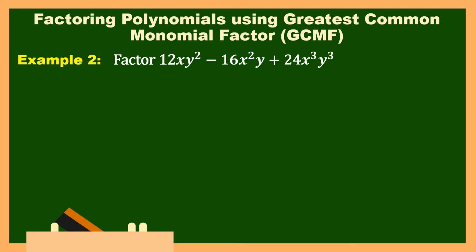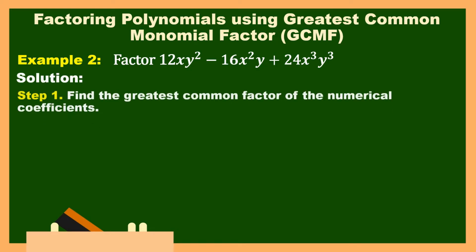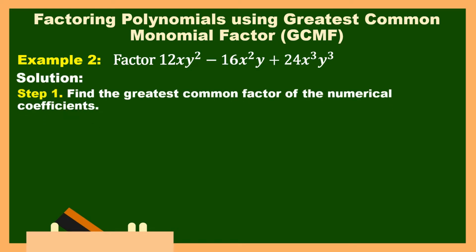So, ang ating solution for the step 1, we need to find the greatest common factor of the numerical coefficient. So, dito sa ating given na polynomial expressions, ang ating numerical coefficients ay 12, 16, and 24. Ang 12, meron siyang factors na 1, 2, 3, 4, 6, and 12. And 16 naman, ang kanyang factors ay 1, 2, 4, 8, 16.